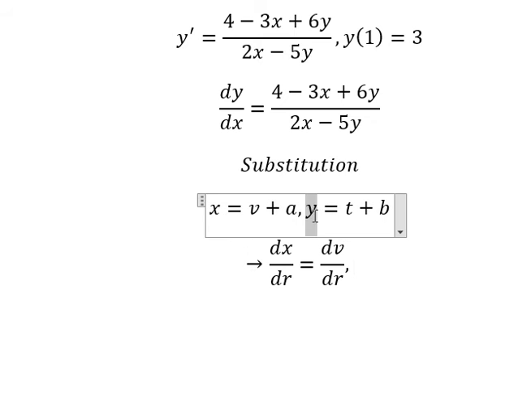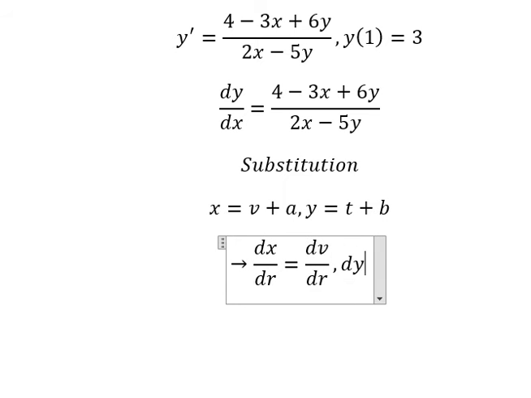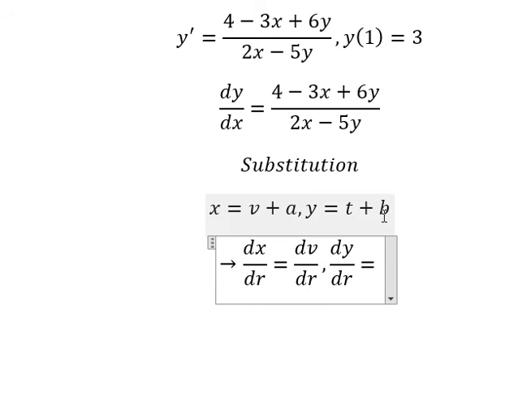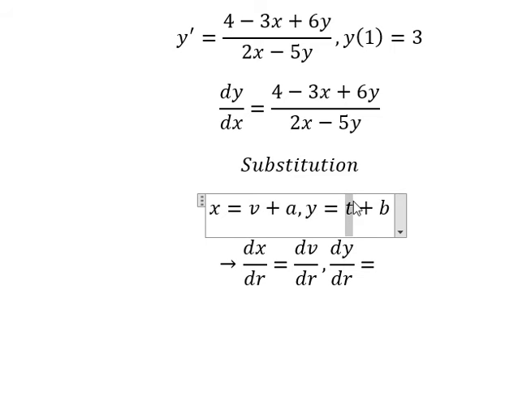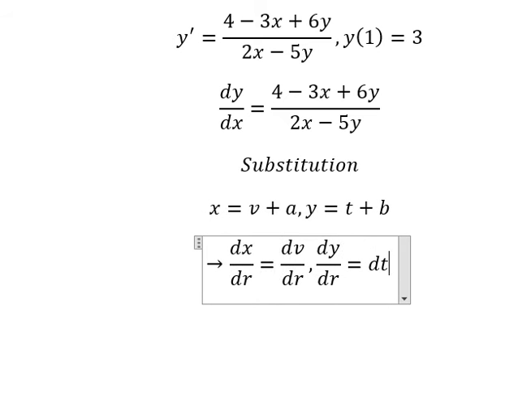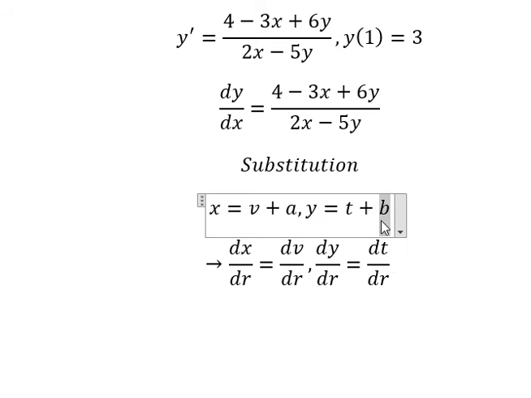If I do the first derivative of y, we have dy over dr. If I do the first derivative of t, we will have dt over dr. This one is the constant, so you get 0 in here.